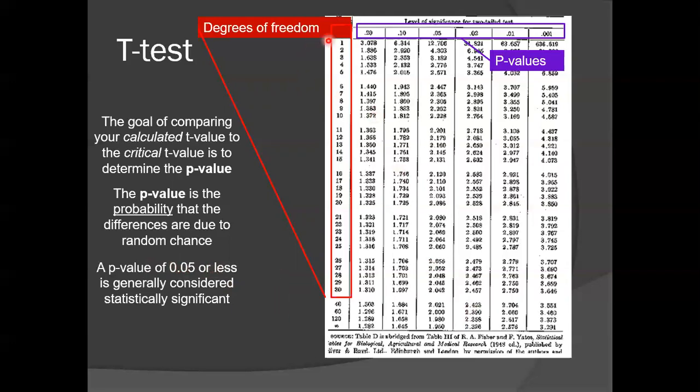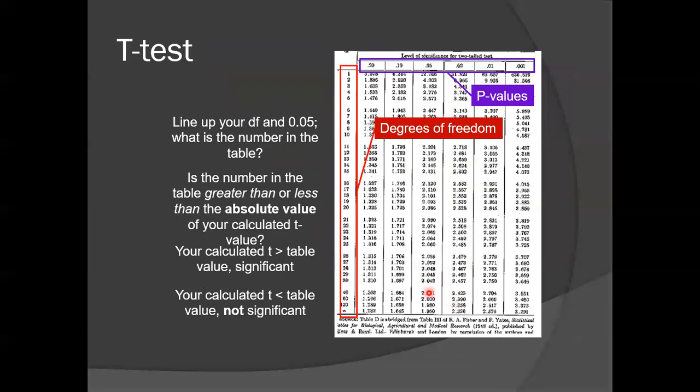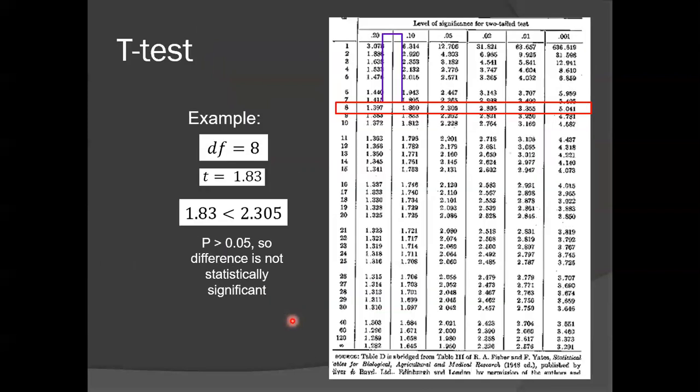In this chart, the degrees of freedom are on this axis, in this column. On this axis are the p-values. And all of these numbers are the critical t-values. So in this example, our degrees of freedom are 8. So we find 8 on the degrees of freedom.